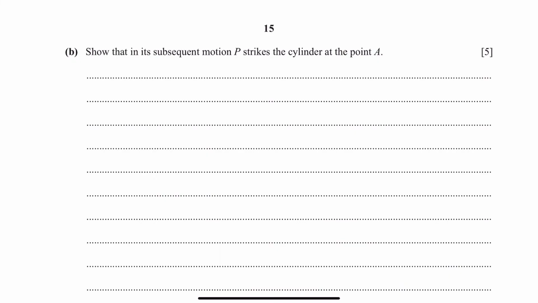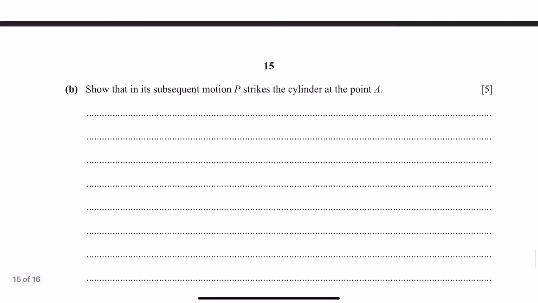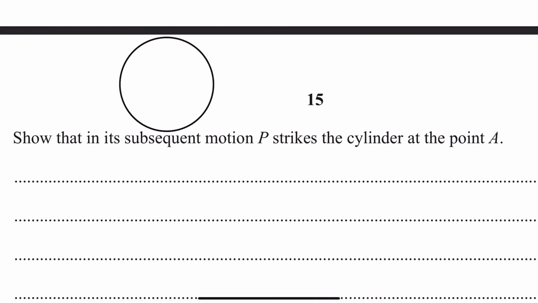Part B. Show that in its subsequent motion, P strikes the cylinder at the point A. So let's draw the circle again. This is the vertical. This would be O. This would be A. It loses contact over here when theta is 60.